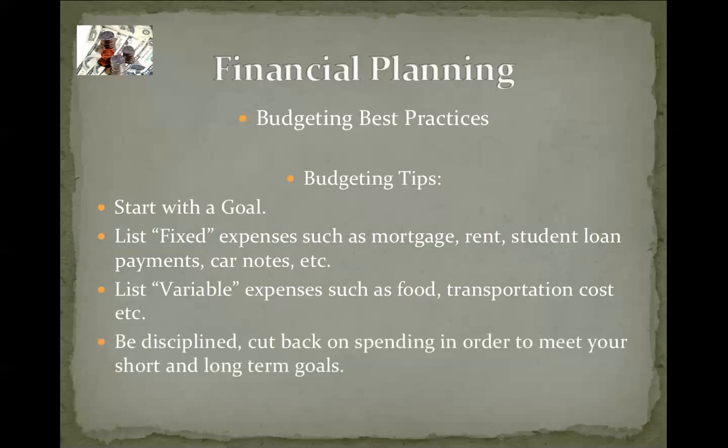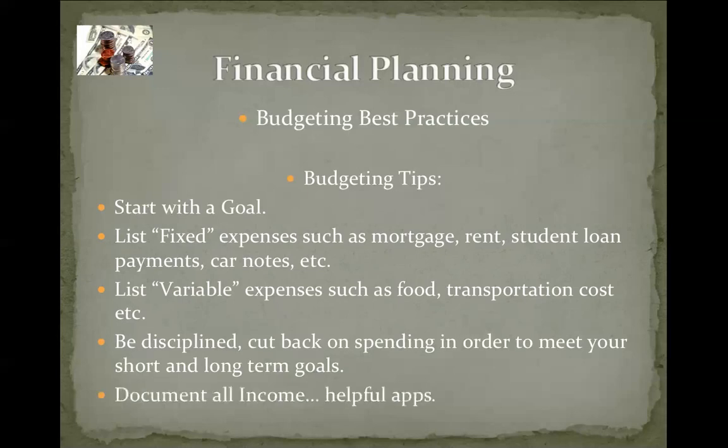Now, for me, I feel like this is one of the things that's probably overlooked, and it's being disciplined. Cut back on spending in order to meet your short-term and long-term goals. Discipline is probably one of the hardest things, even for me and my household, my wife and all that, to be disciplined and make sure that we stick to this goal, which is paramount to achieving it.